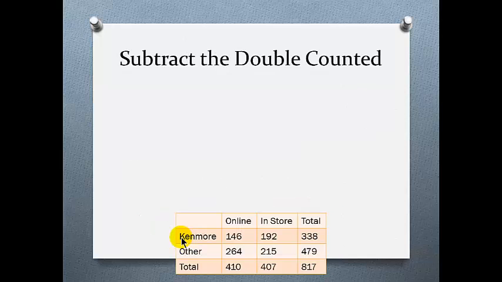Let's take a look at that, subtracting the double counted. The probability of two events. We want this to happen or that to happen. One of these two events. This or that. Or is the key word here.